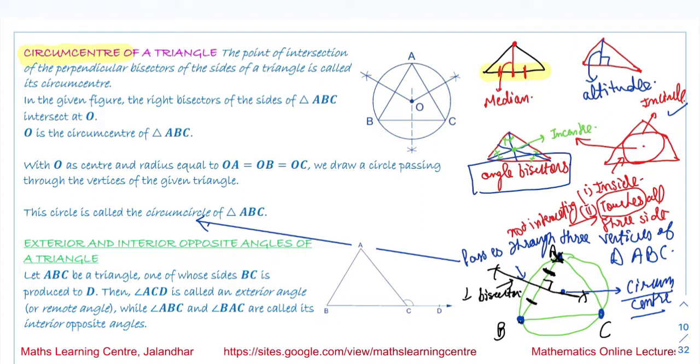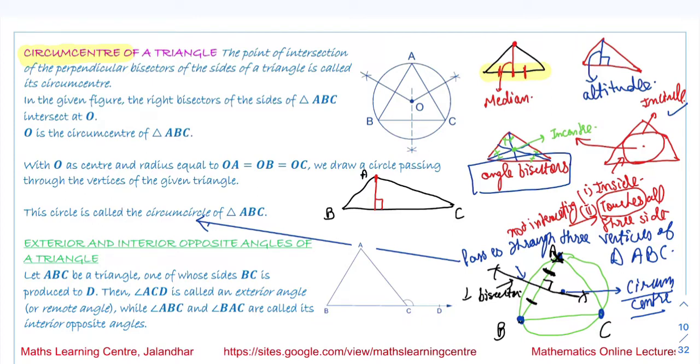When we are talking about the altitude, there are two different things we are saying. Suppose this is the triangle, A, B and C. When I say the altitude, I am saying from the point A, I will draw the perpendicular on BC. The length of that perpendicular is the altitude.